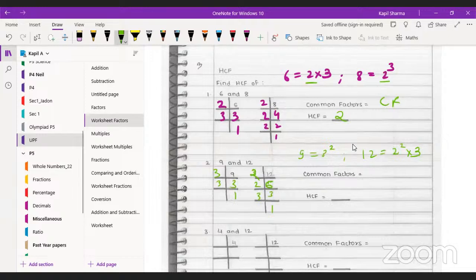Okay, Swastik. HCF is 3. Okay, good. So 3 is a common factor and the least power of 3 is 1. So it's 3.